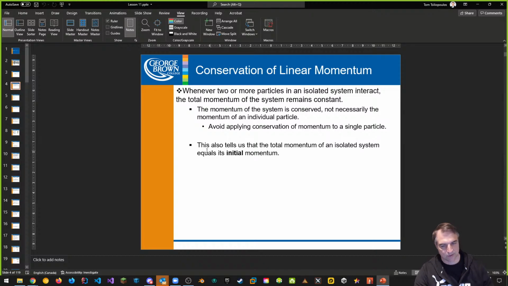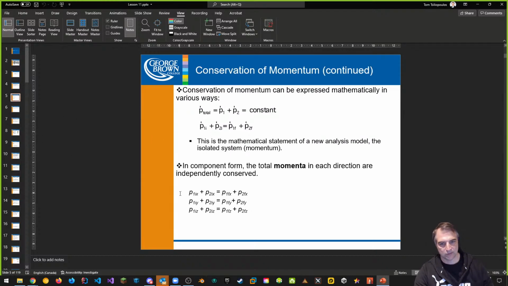Total momentum, and momentum is kind of related to motion, right? We can express momentum mathematically in a bunch of different ways, where, as an example, momentum is represented by P. So P total is equal to P1 plus P2. This is a constant. Or we can also look at it as momentum initial 1 plus momentum initial 2 is equal to momentum final 1 plus momentum final 2.